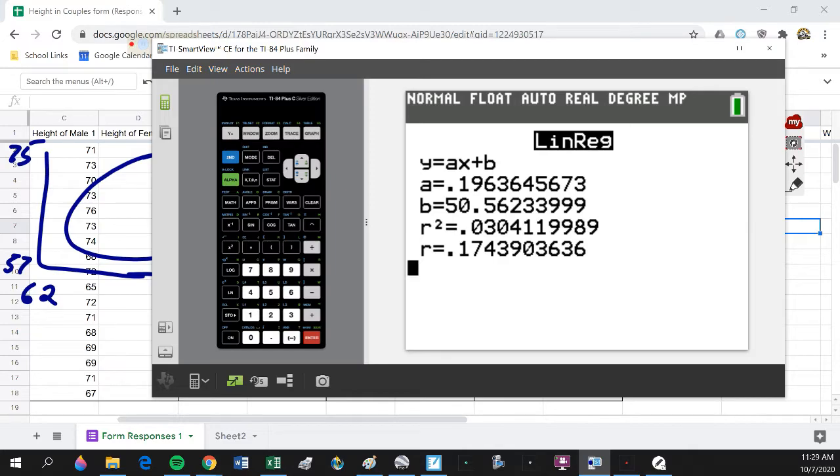No. The tall boys kind of date taller girls or marry taller girls, and the short guys marry short girls, but the prediction is bad. What is it about this number that tells us the prediction is bad? This value is a long way from 1.